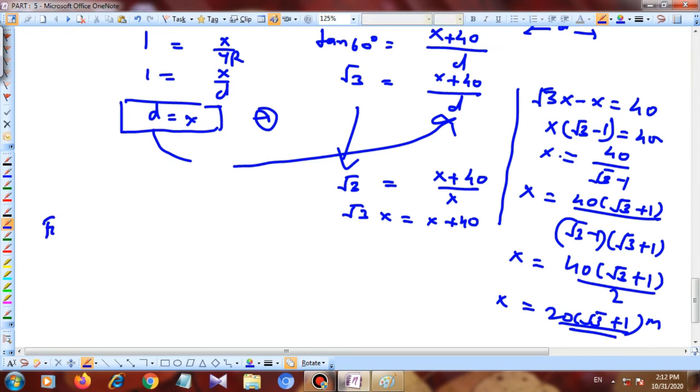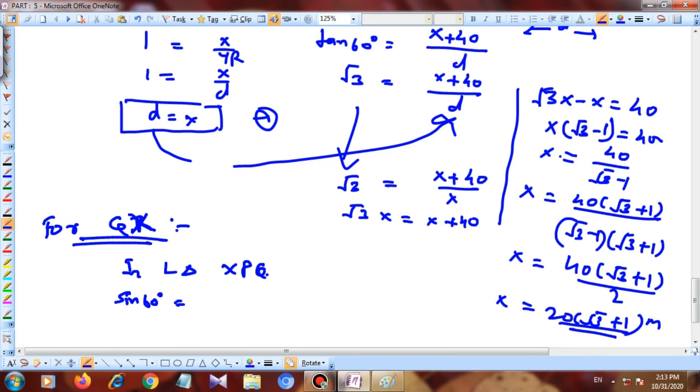So for QX, in right angle triangle XPQ, here sine 60 equal to perpendicular upon hypotenuse, means PQ upon QX.